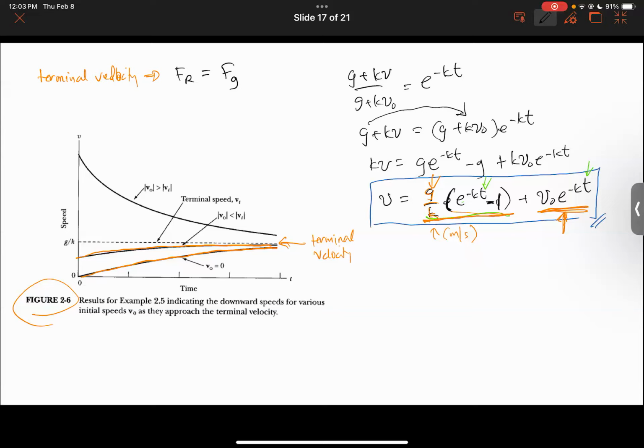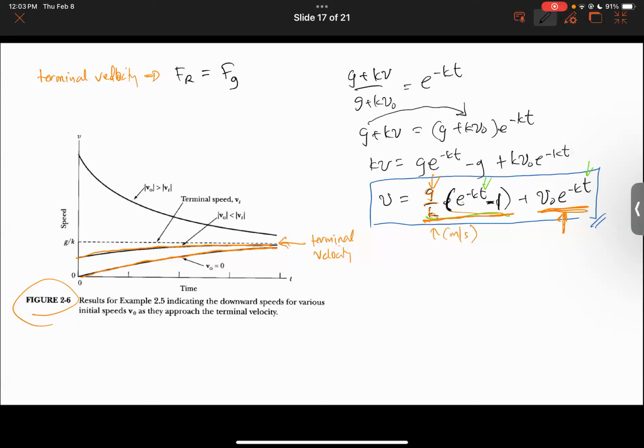Dahan-dahan mag-i-increase yung speed niya. At the same time, nag-i-increase din yung resistive force. Until such time na yung resistive force ay magiging equal na sa gravitational force, sa kanyang weight. At that time, magre-reach na siya dun sa tinatawag na terminal velocity.